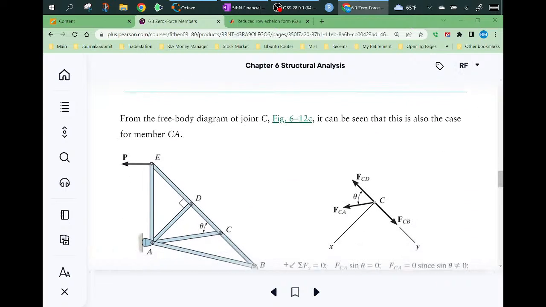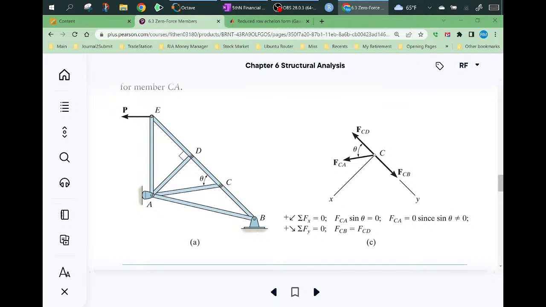He should have another picture here where he's got something that's offset. Okay, so this is an angle right here, theta. It doesn't matter what theta is. It just matters that CD and CB are in exact opposite directions. So you set up a coordinate system, Y along here and an X along here. You can take sine of anything and do anything you want, but you get this one term, FCA times sine of theta is equal to 0, which gives you that load FCA doesn't exist.